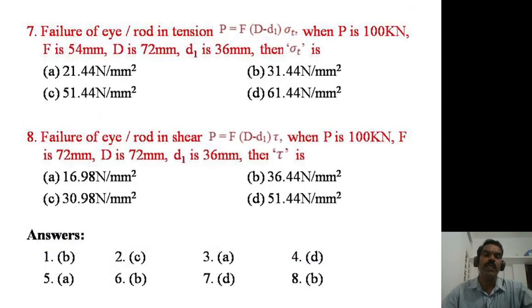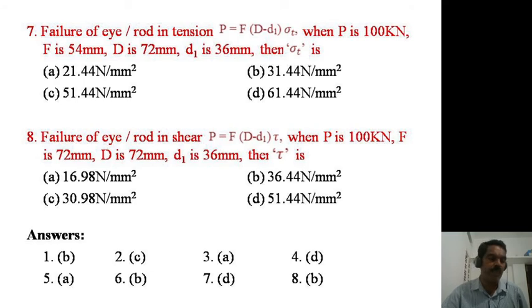And the last but one MCQ, that is failure of eye or rod in tension, that is P is equal to F into bracket D minus D1 into sigma T, and P is 100 kilonewton, F is 54 mm, D is 72 mm, D1 is 36 mm, then sigma T. So we have to find out the sigma T by applying all these values in this equation.